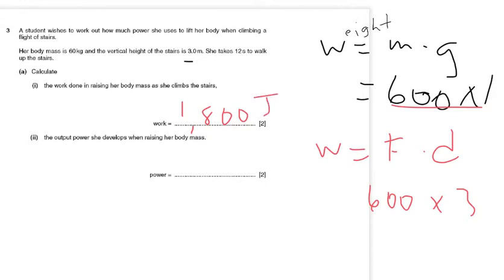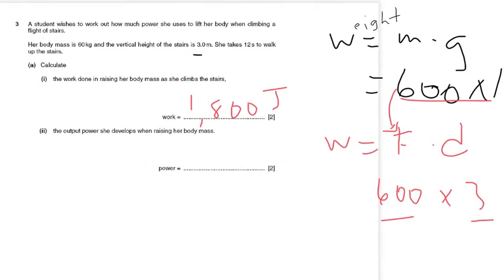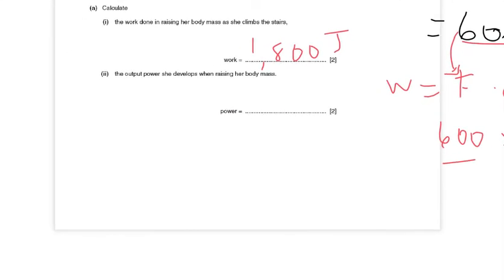So 600 newtons is her weight, and that is the force in the work equation. The force is 600, the height is 3 meters. Cool. Let's switch over to blue for the power. So power is equal to work done divided by time taken.